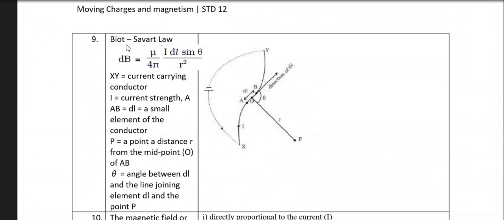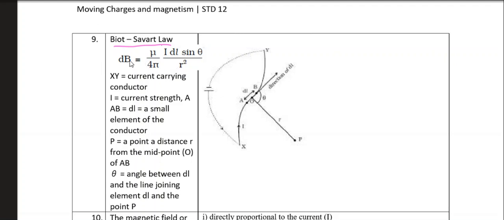Now let me move to the next concept, that is Biot-Savart's law. The T can be pronounced silent. The infinitesimally small magnetic field experienced when the current is passed through a conductor has to be determined. Biot-Savart law is very helpful to determine it.